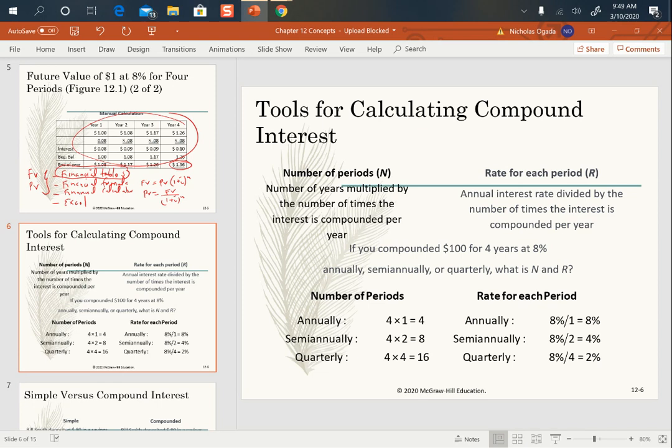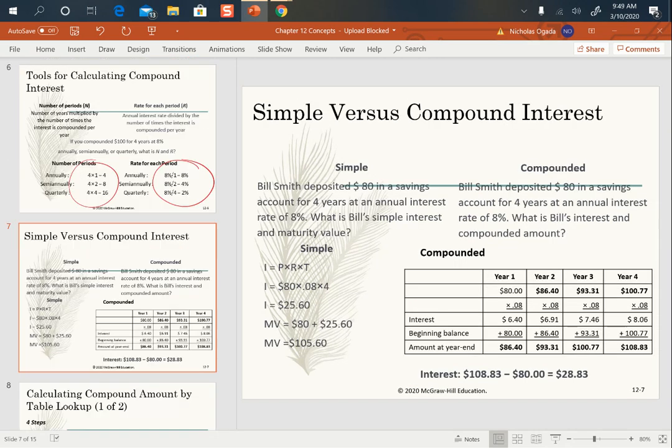And the number of periods: in 1 year you have 2 periods, so you end up having 4. We were talking about 2 years. So make sure you understand the number of periods and the rate per period. That's very crucial when it comes to solving or computing these problems.